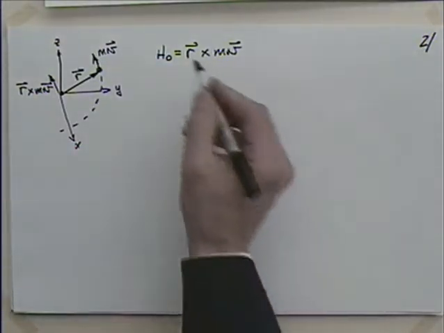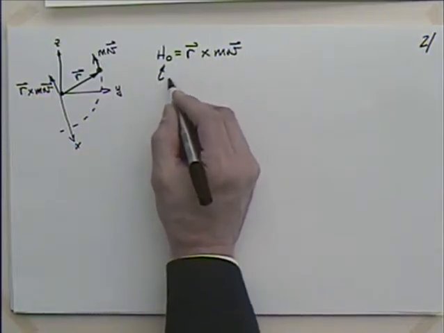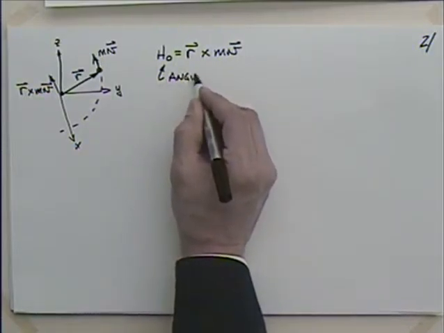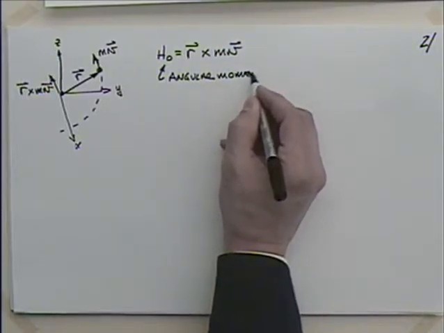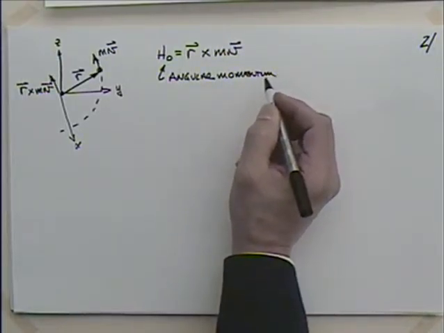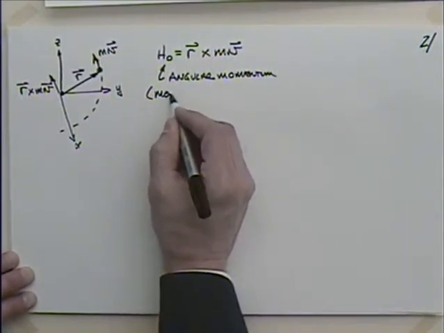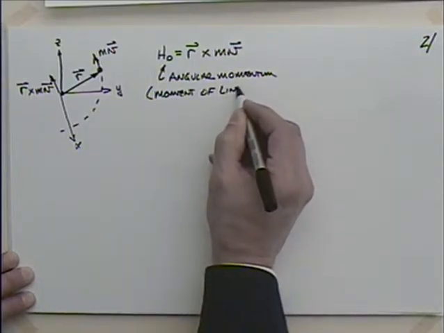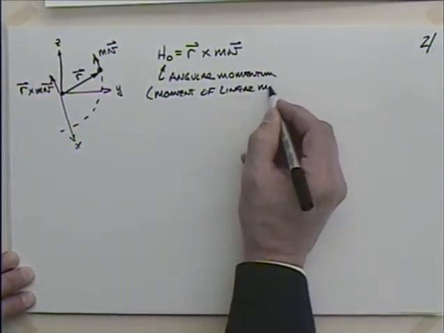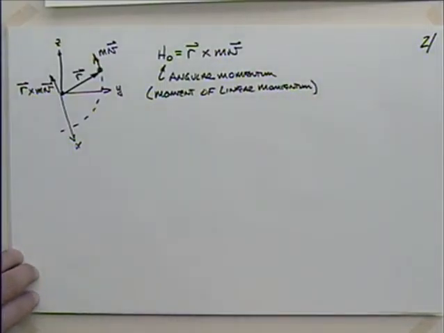And we define this as our angular momentum, which is really just the moment of the linear momentum.